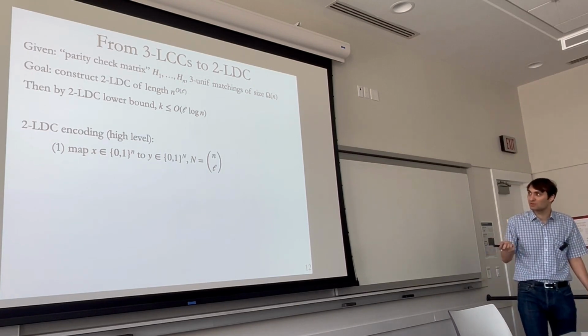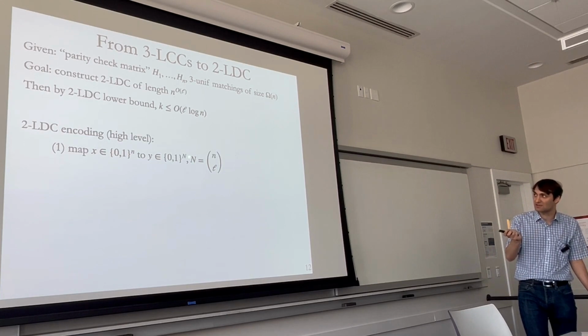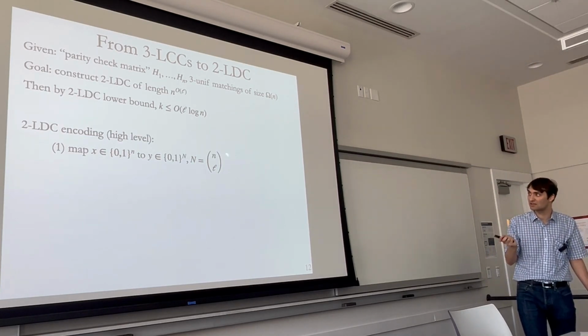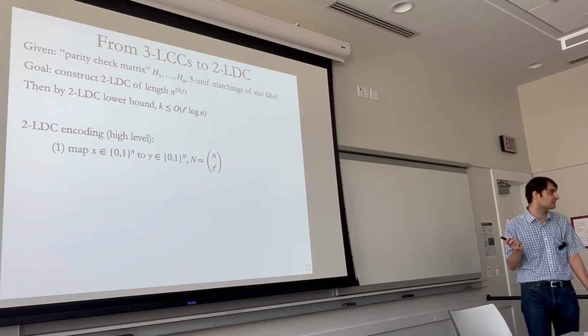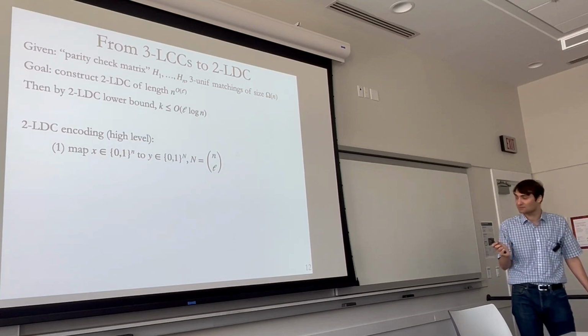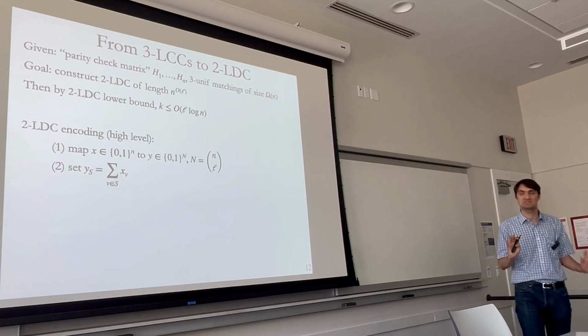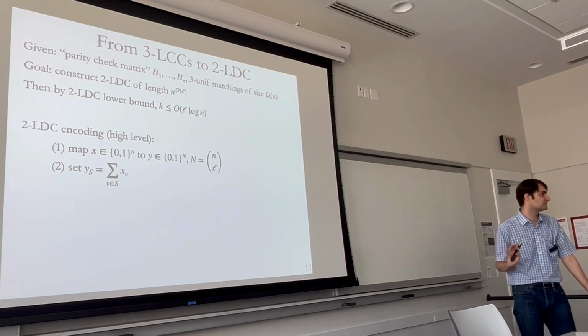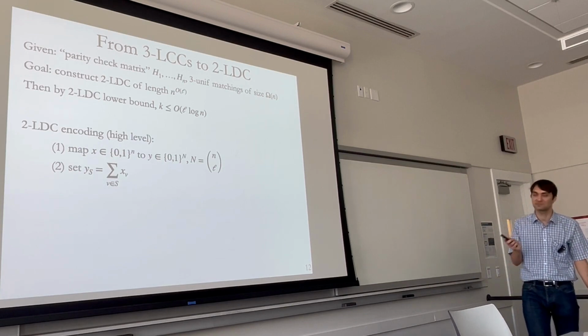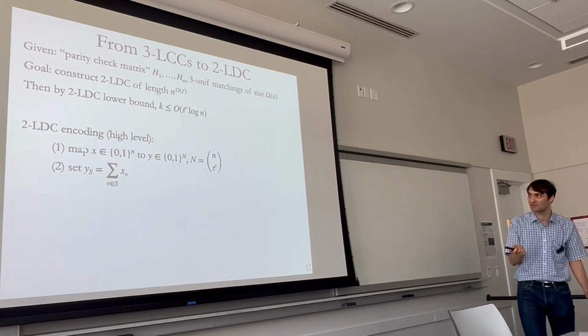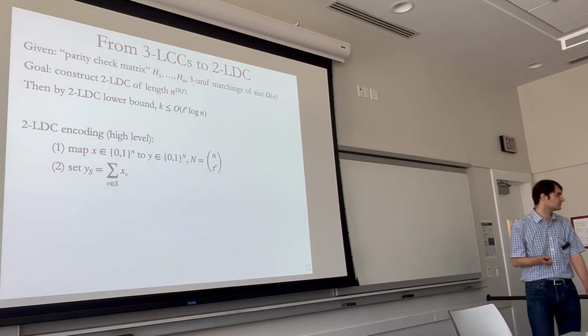And when I think of it like this, I can identify this big N with the collection of subsets of n of size exactly L. And when I do that, it's kind of obvious that I should set y sub s to just be the sum over v in s of x sub v. This is sometimes called the direct sum encoding. This is a very, very simple lift of x to this larger space. Okay?